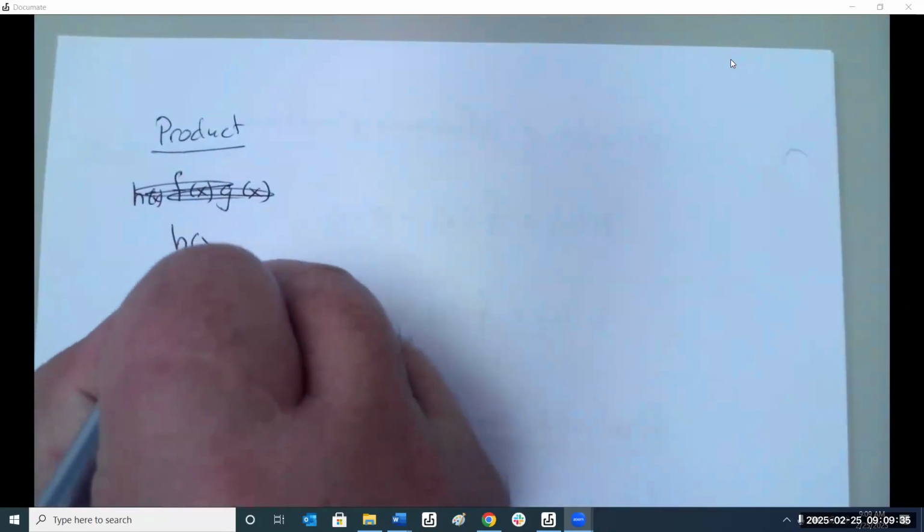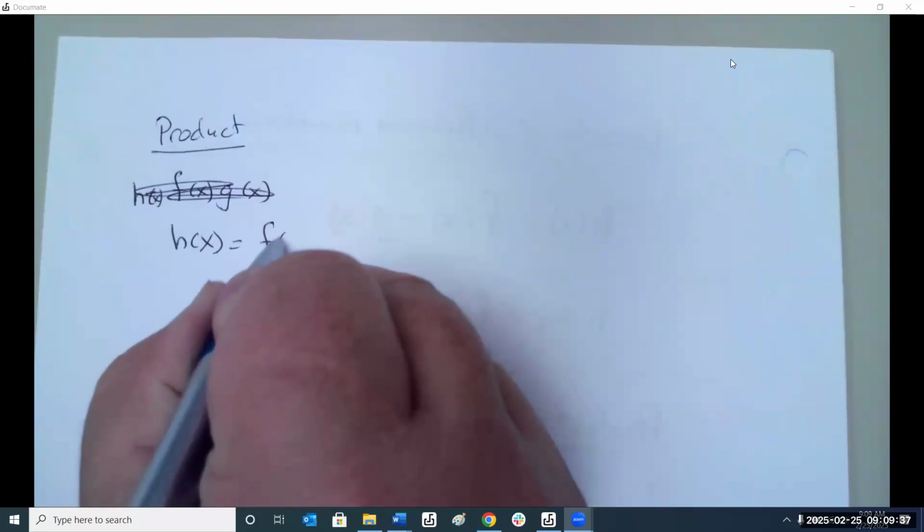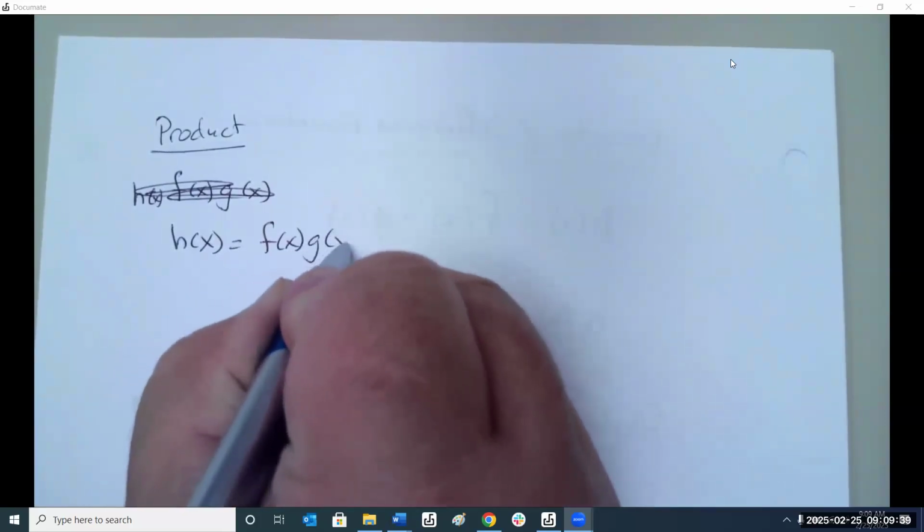So this is h of x. H of x is the product of these two functions.